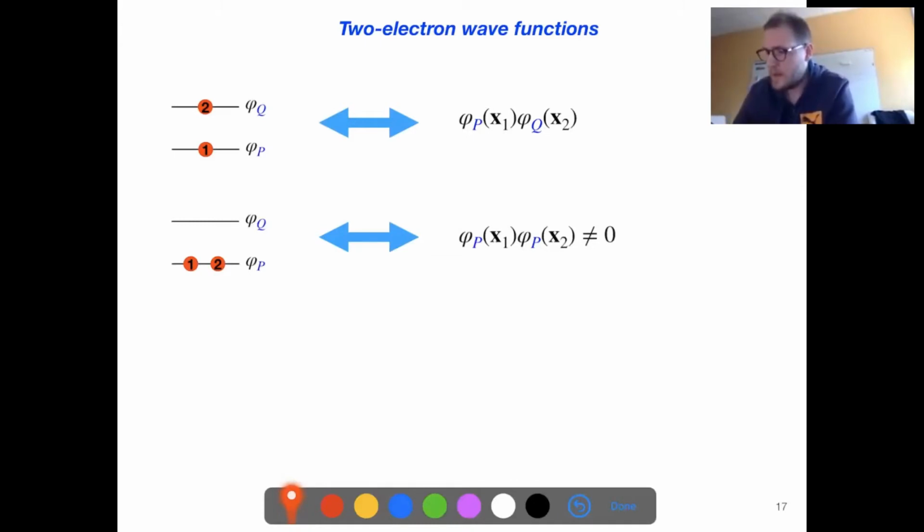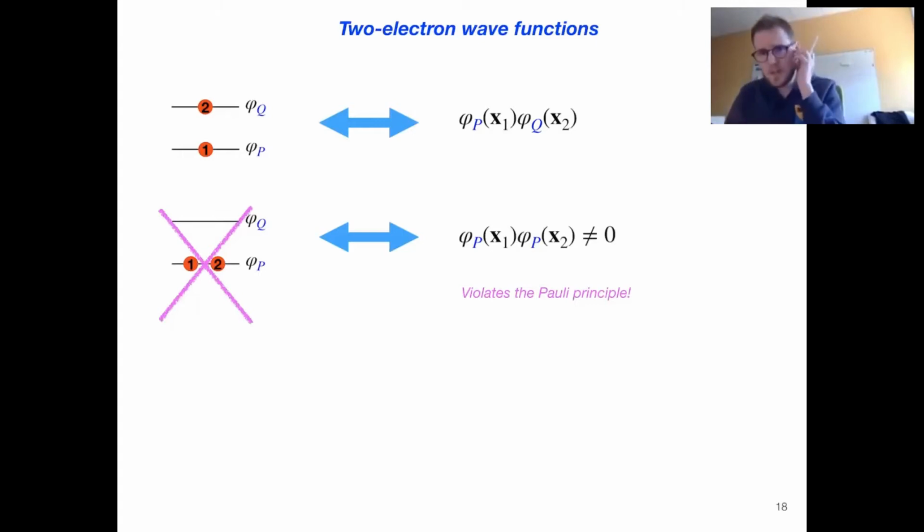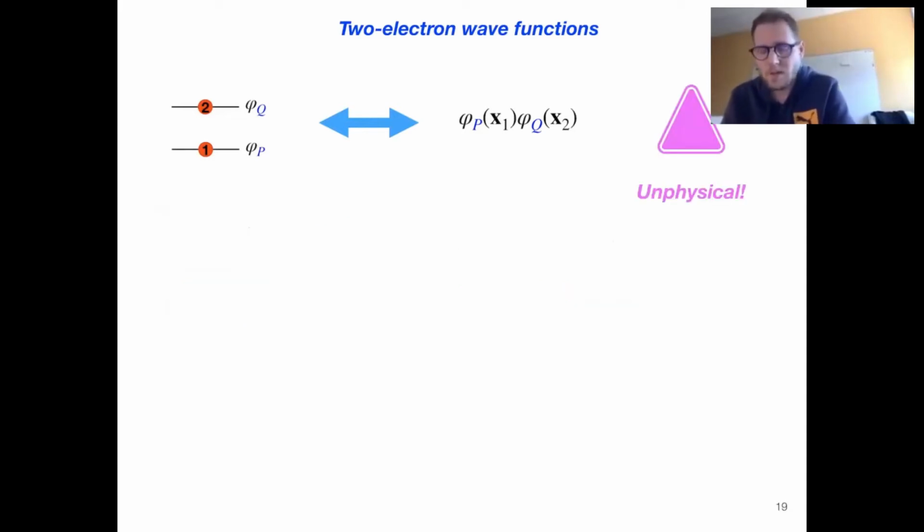The only problem is that, physically, this is completely wrong, because if you consider that this wave function exists and has some physical meaning, it means that you violate the Pauli principle, okay? So this is prohibited. This wave function should not exist in principle, so this is not the right way to do things, okay?